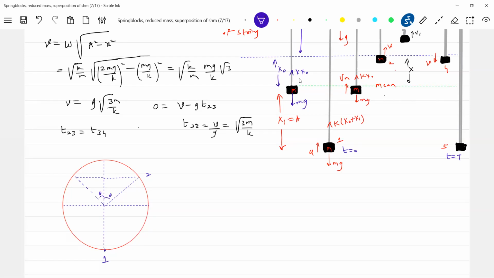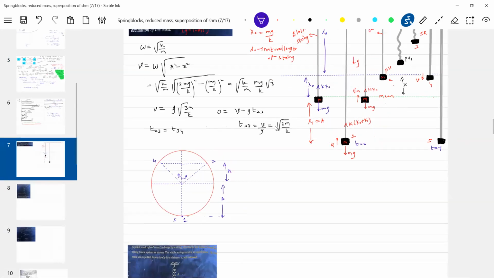Let me do this; it will be better. So what will this distance be? A by 2, which you can call x. And this is A. So the time taken directly from 1 to 2 and back, 4 to 5. So this will become 4 and this will be 5. It is like this. I'll put it separately so that it will be easy for you.